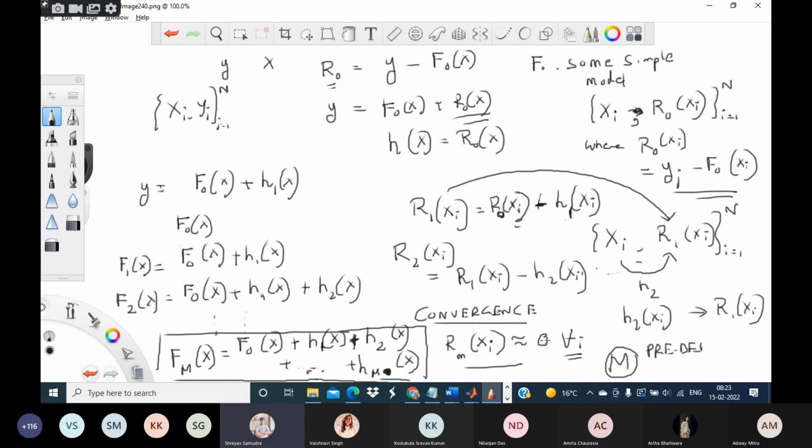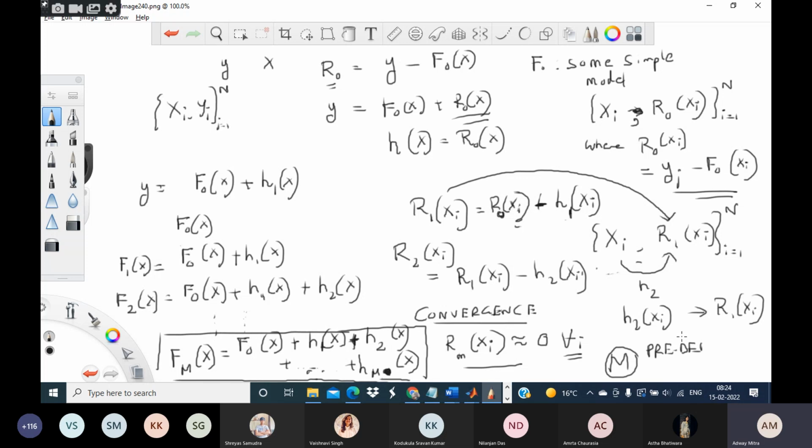Can we consider h1, h2, h3 as the terms of a Taylor series? In a sense, yes, you are absolutely right. The Taylor series expansion is actually what we will use to estimate these things.